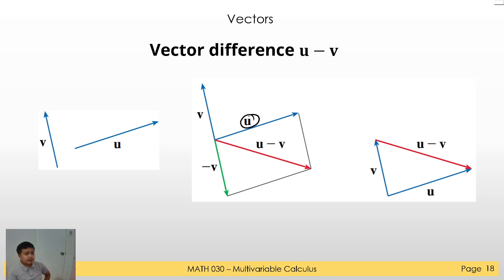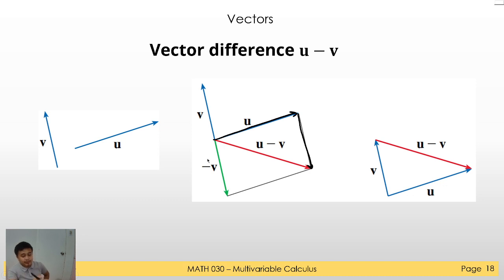If you have u and v and you want to find u minus v, v will become the negative vector, so the direction of v should be swapped. This will be your new vector, and then perform the connecting. You start here with u, and then you add this negative v, and this will be your connecting line for the difference.